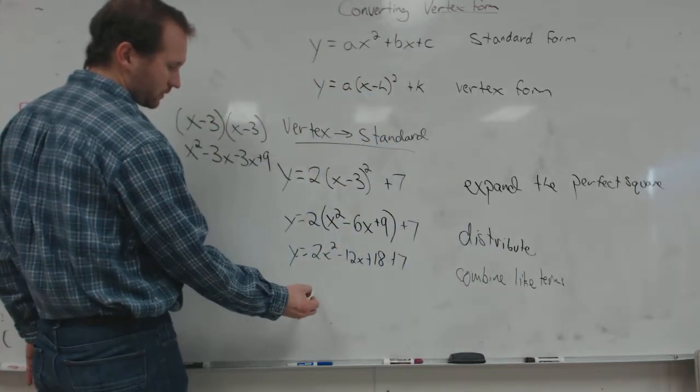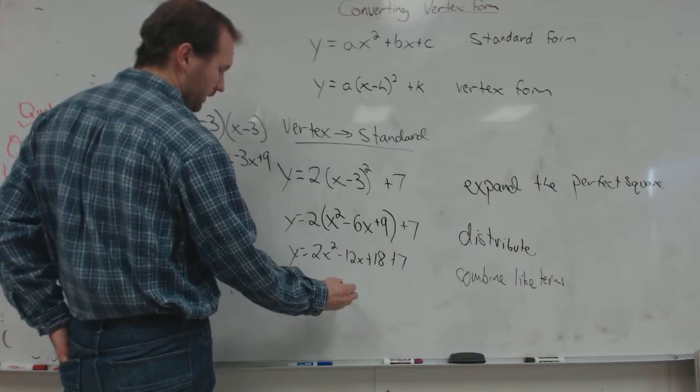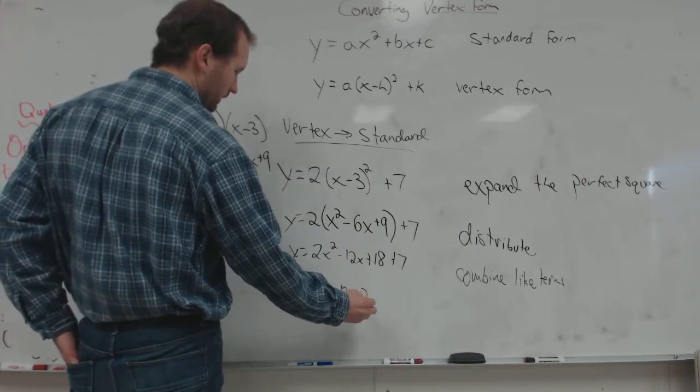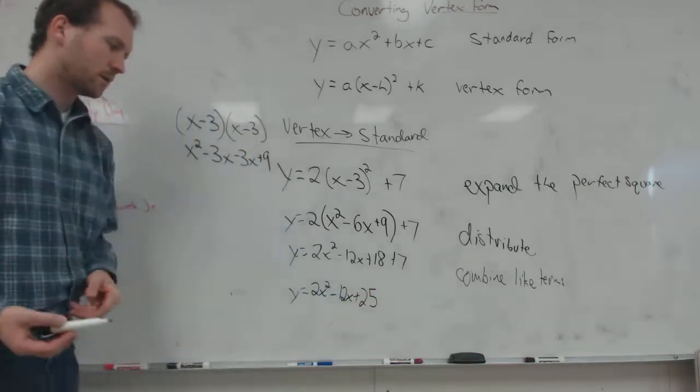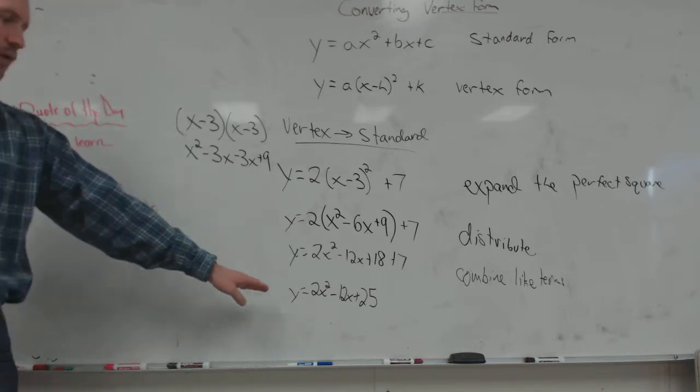So we have y equals 2x squared minus 12x plus 25. And then you're done. That is now standard form.